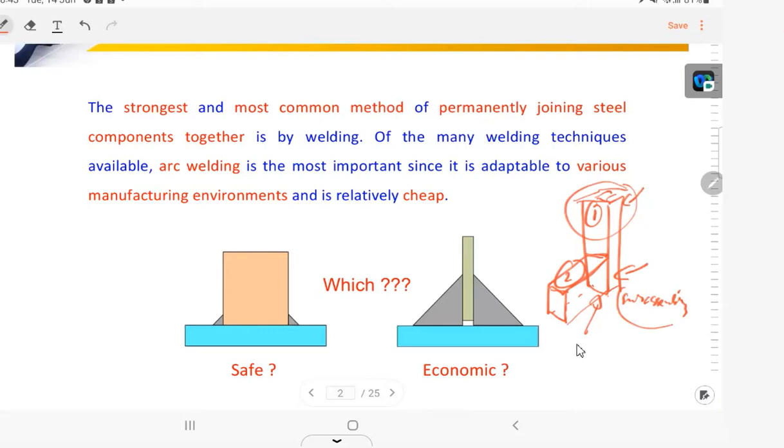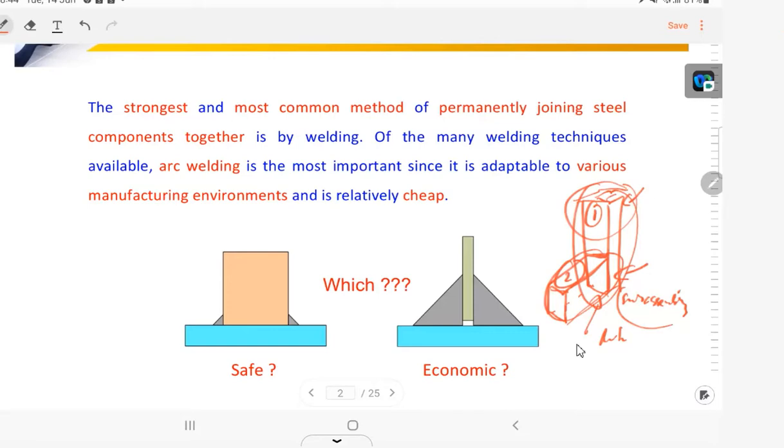In the detailed drawing, you have part one and part two. If you permanently join part one and part two, it is like one part because it's very strong. So this is one of the methods to join a couple of parts permanently.